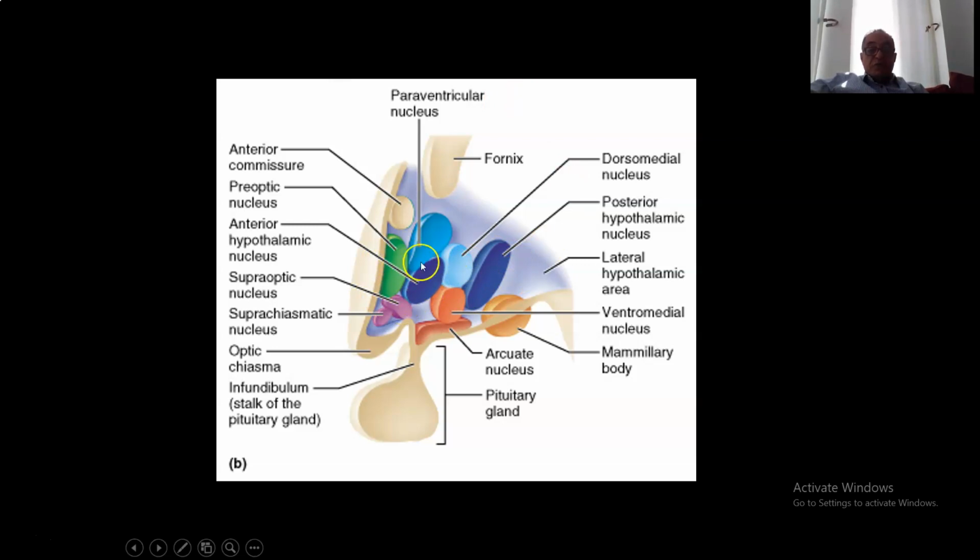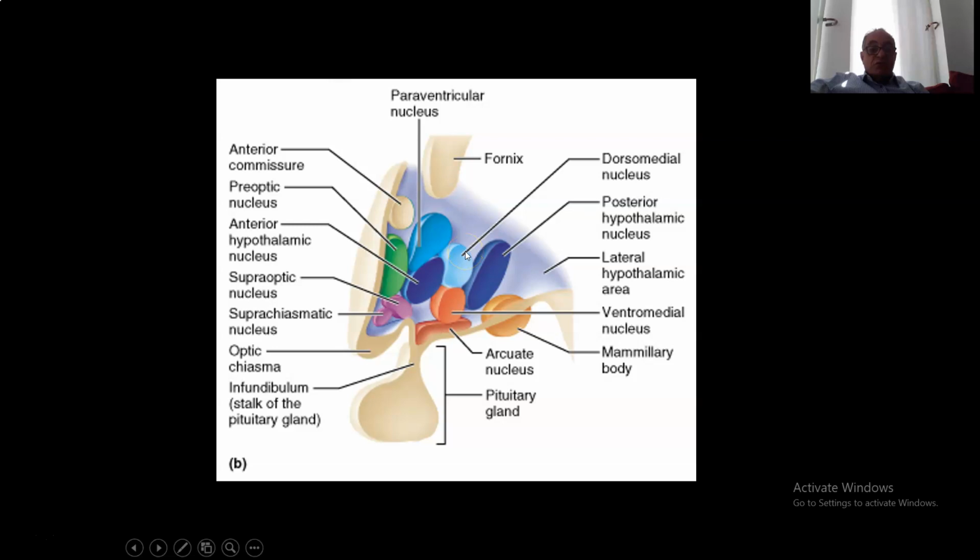Another revision: those secreting oxytocin and antidiuretic hormone are the supraoptic, paraventricular nuclei, and the arcuate nucleus. Those involved in heat dissipation are the anterior hypothalamic nucleus and the preoptic nucleus. Heat conservation, posterior hypothalamic nucleus.